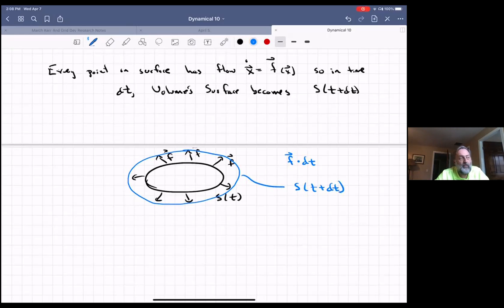Right, so we got every point basically on the surface has gotten moved outwards some amount. Okay. Sound good? Yep.